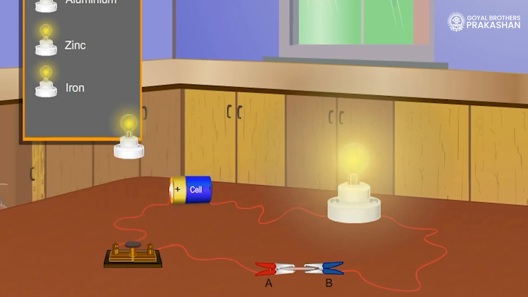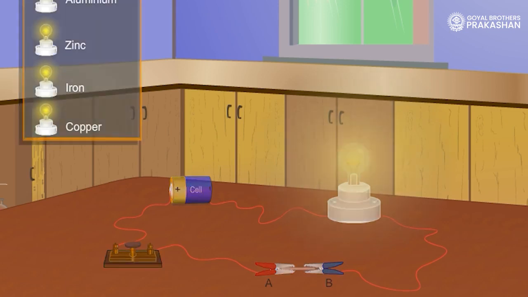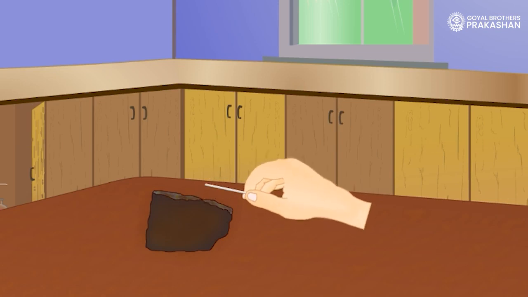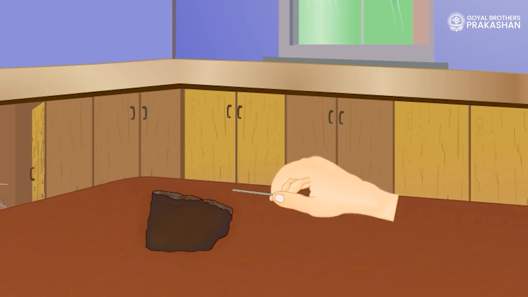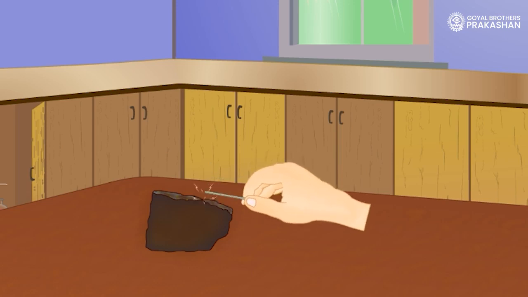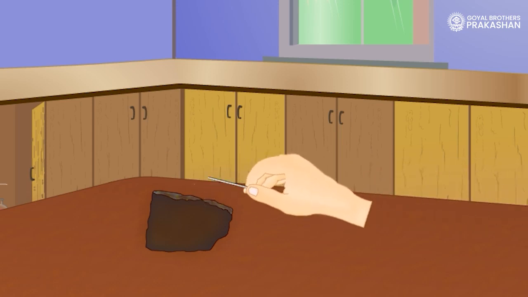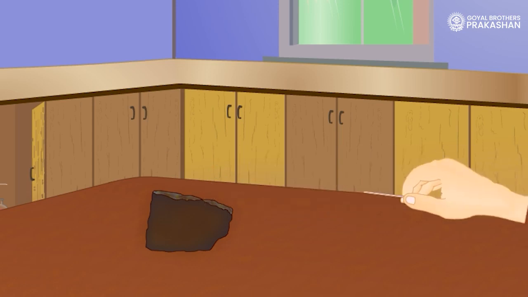You observe that the bulb glows in each case. Thus, we can say metals are good conductors of electricity. Strike each of the metal pieces on some hard surface. You observe that all of them produce a peculiar metallic sound. We can say that the metals are sonorous.